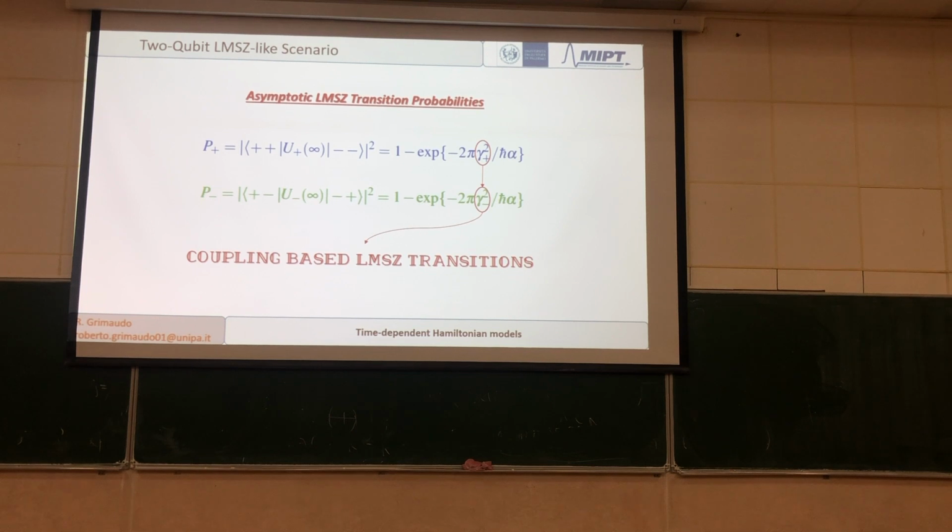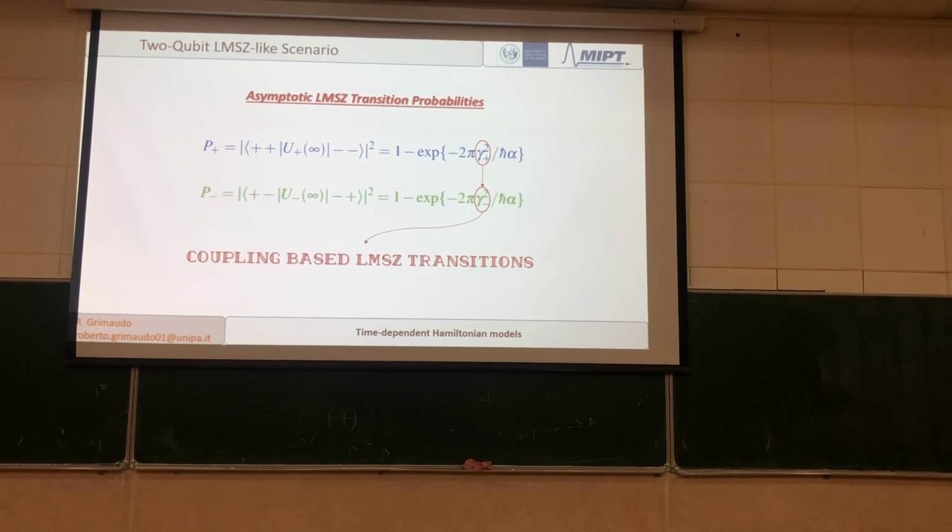Actually, this is a physical effect we found in a certain sense through this analysis. Coupling-based because the Landau-Zener transitions are possible only when a transverse field is present, but for our two spins, no transverse field is present; this role is played, as I said before, by the coupling, and so the Landau-Zener transitions are possible thanks to the coupling existing between the two spins.